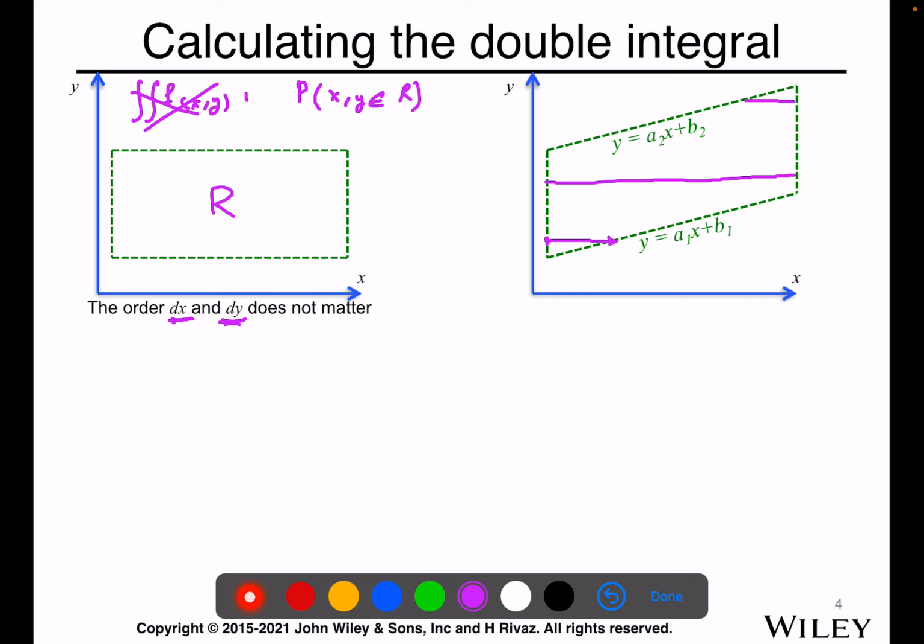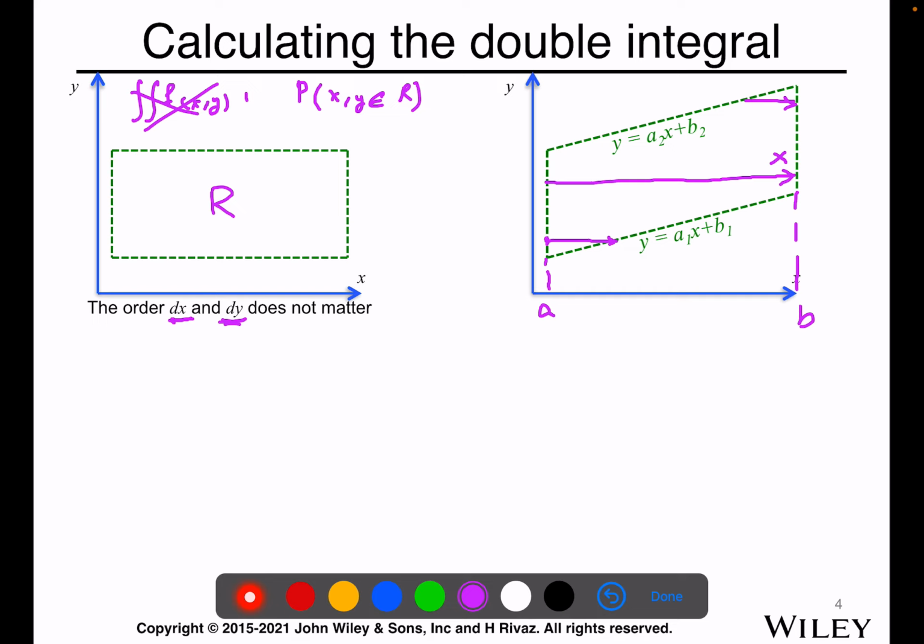So basically, if you integrate with respect to x first, then depending on where you are, if you're down here, and this is A and this is B, your x changes from A to this line, right?